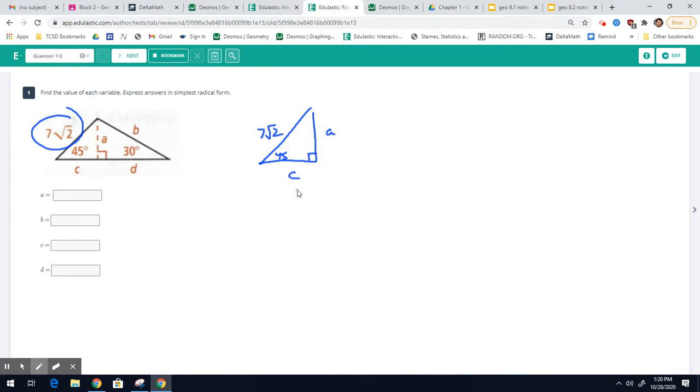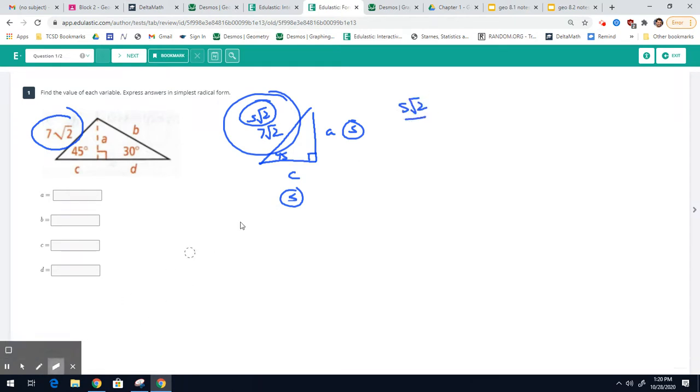In a 45-45-90 triangle, the two legs are S and S. Hypotenuse is S square root of 2. So we need to find A and C, which are the values of S. They give us what S square root of 2 is: S square root of 2 is equal to 7 square root of 2.